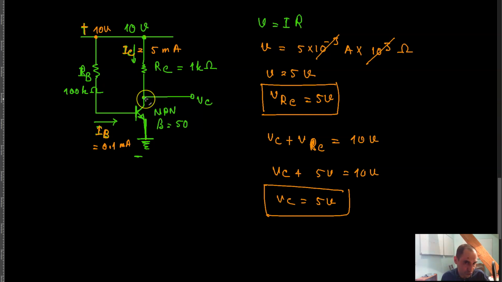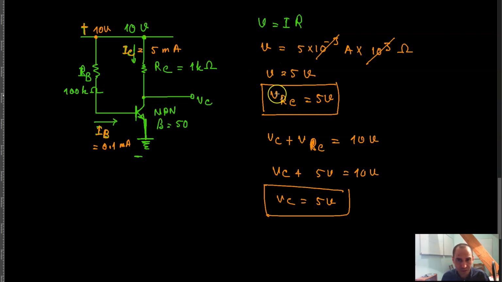You still have to give more current to your base so that there is more current in your collector, and as a result there will be more voltage drop across this resistor, and less voltage drop across the PN junction of the transistor, the collector emitter junction.